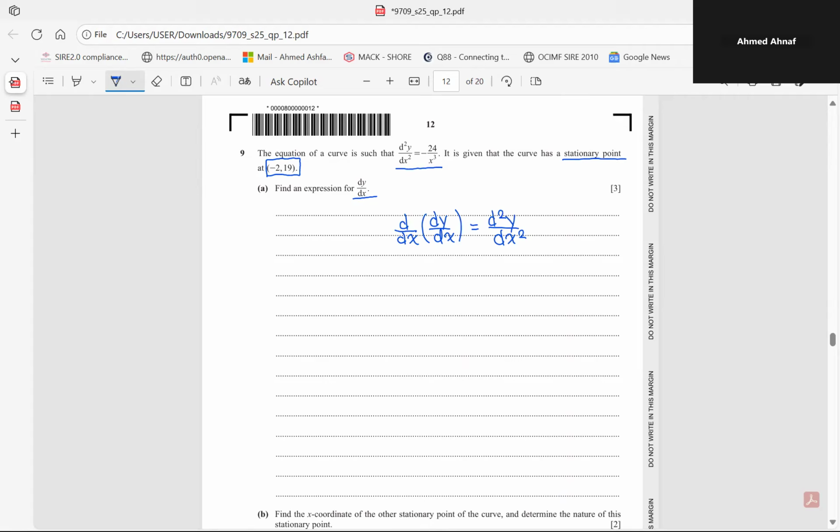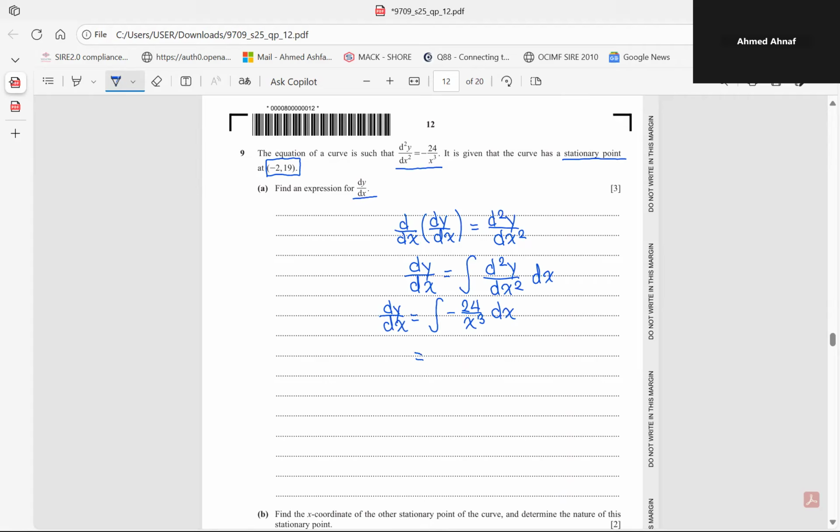So in order to get dy/dx from here, we're just going to have to integrate this with respect to x. So dy/dx would just be the integral of minus 24 over x cubed dx.